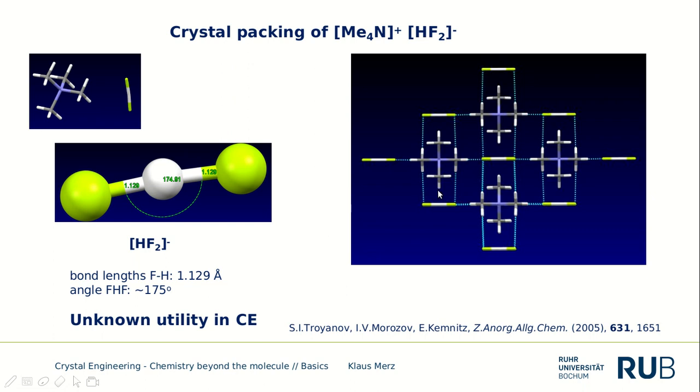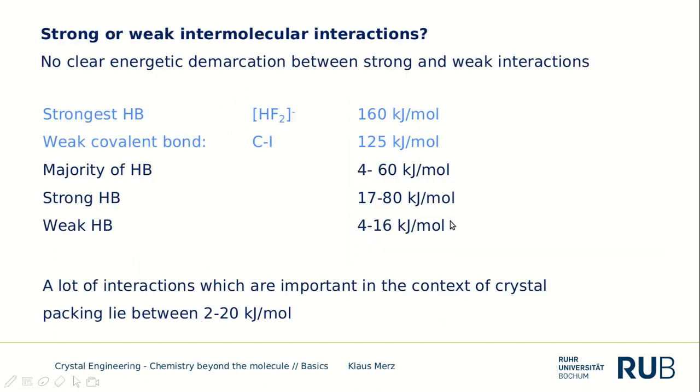This is an isolated, dead unit. So the majority of hydrogen bonds are in the range between 4 and 60 kilojoule. Strong, 20 to 80 roundabout, and weak, on the other end, 4 to 16.